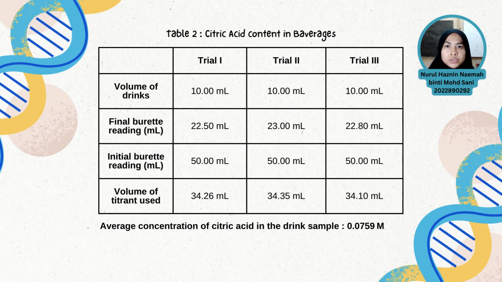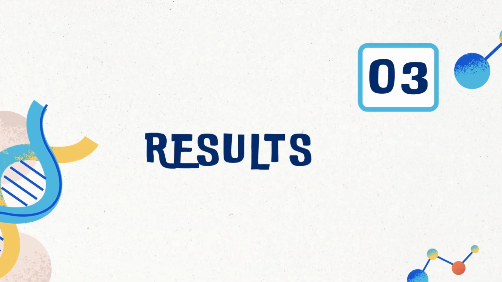The volume of drink used in this titration is 10 ml for each sample, which are soft drinks, juices, and energy drinks. The final and initial burette readings were recorded, and the average concentration of citric acid in the drink sample is 0.0759 molar.